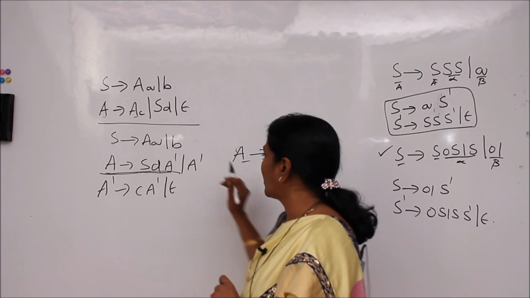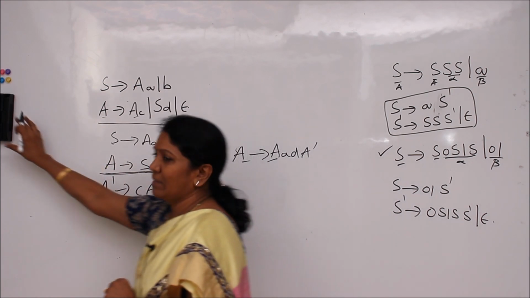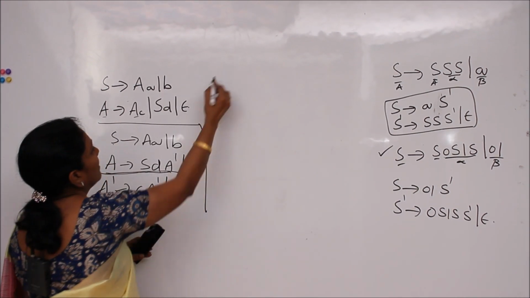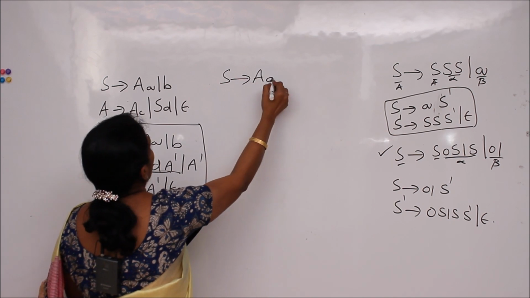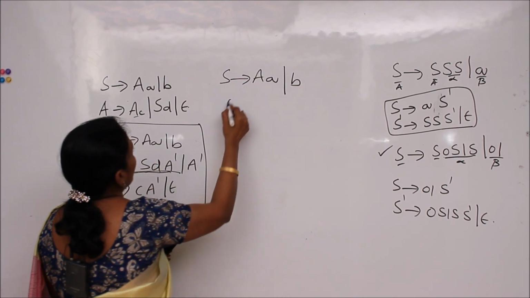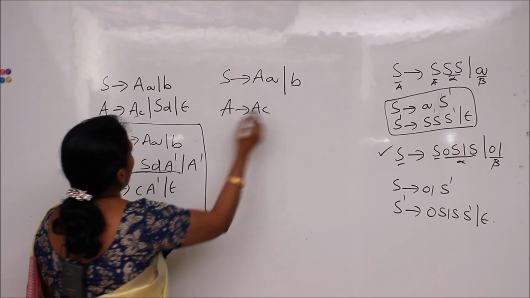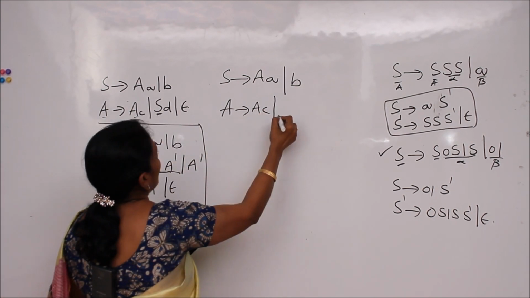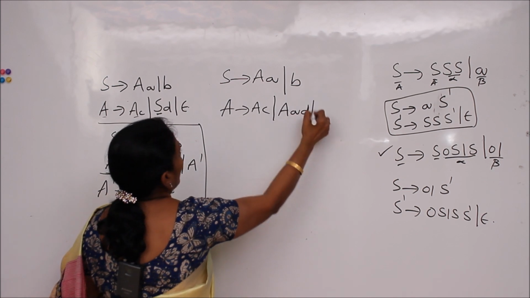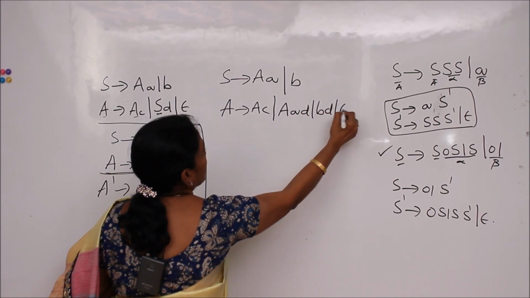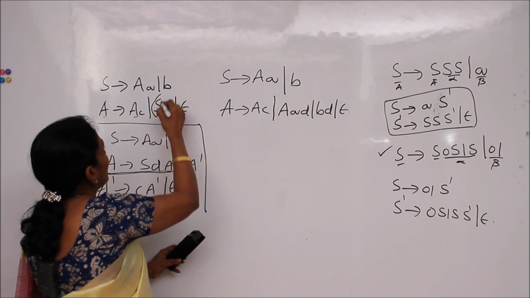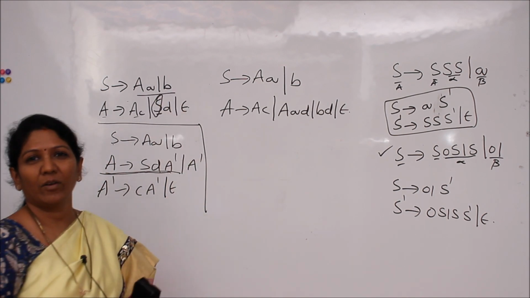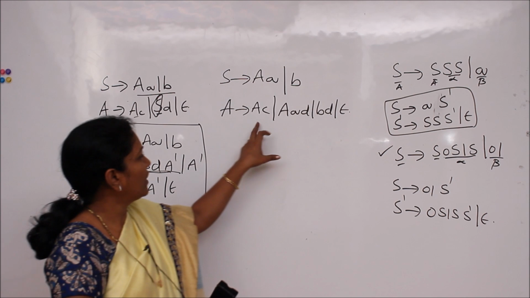So if you really want a good solution for this, what you have to do is expand it first. A or B, A can be AC. Now expand this S first. What is S? S can be AAD or BD or epsilon. Simply I have expanded this S by AA or B. No doubt now there is a left recursion.